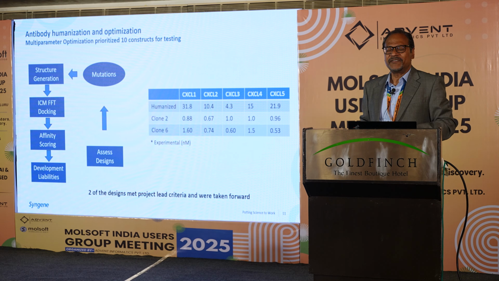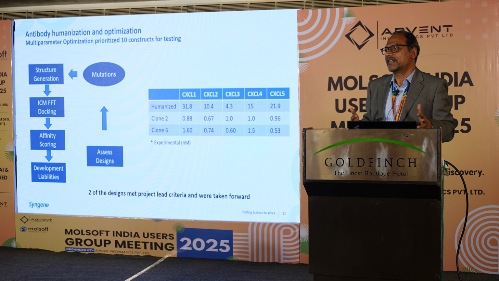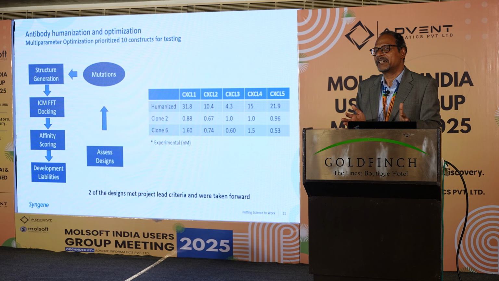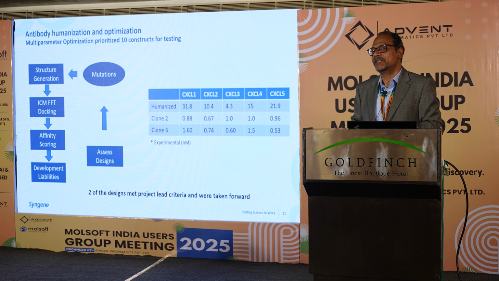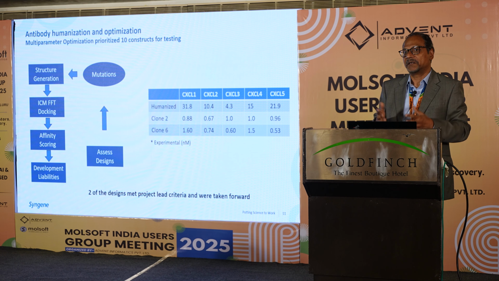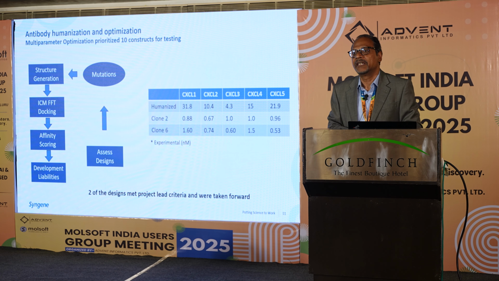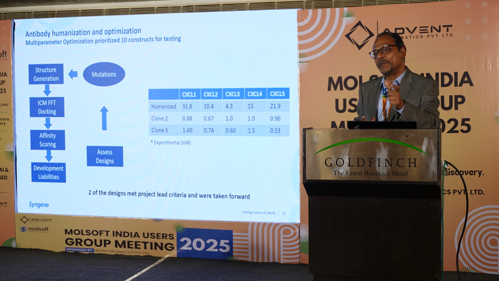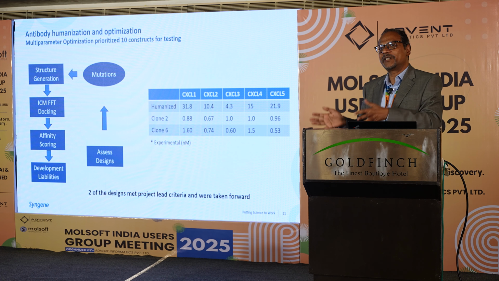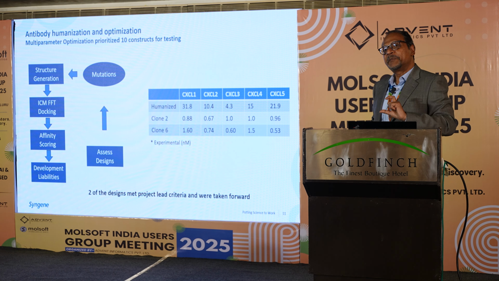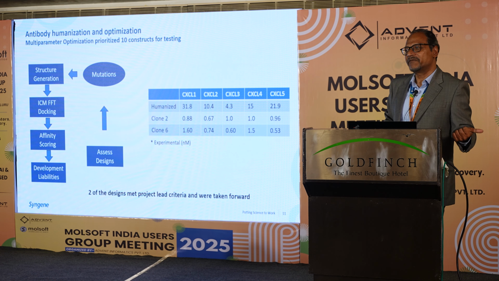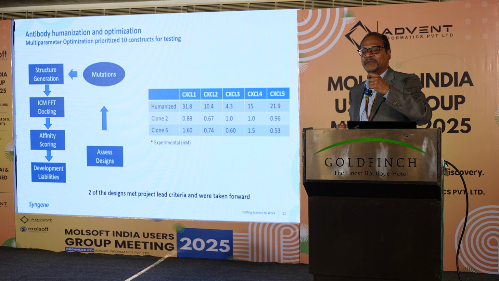So if I can bring the whole project down to around 10 to 15 constructs that we give in every cycle, we generally hit the product profile. We have applied this for designing antibodies, reformatting antibodies from one format to the other, and improving properties of antibodies. Recently, we finished a project where we made the scFv BBB penetrable.